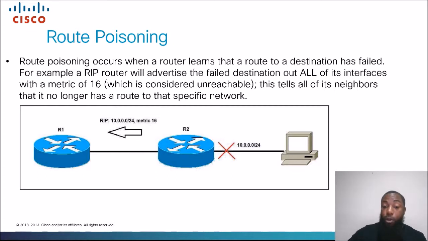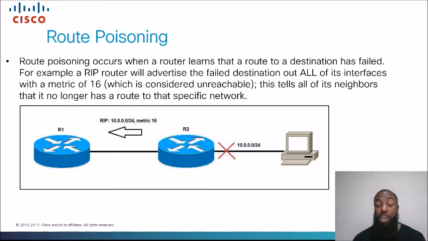Because remember, the metric that RIP uses is hops, and the maximum hop count for RIP is 15. So if a RIP route is more than 15 hops, it'll say, oh, that's unreachable. That's too far. It's going to take it off its routing table. So that's what route poisoning does. If you have a RIP route that's more than 15 hops away, it's going to take it off its routing table and consider it too far.